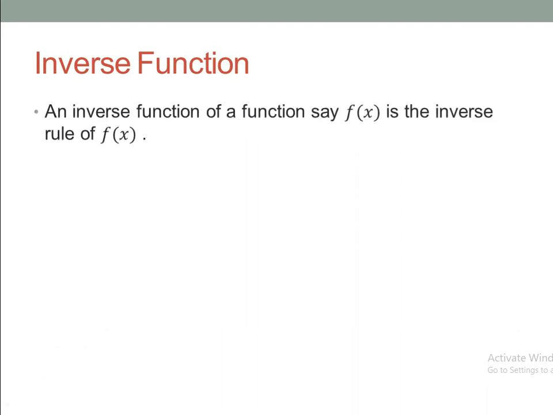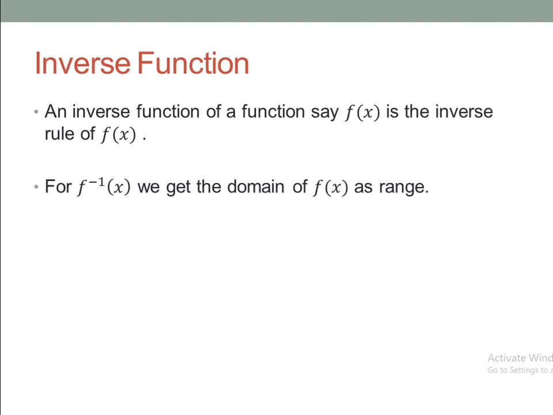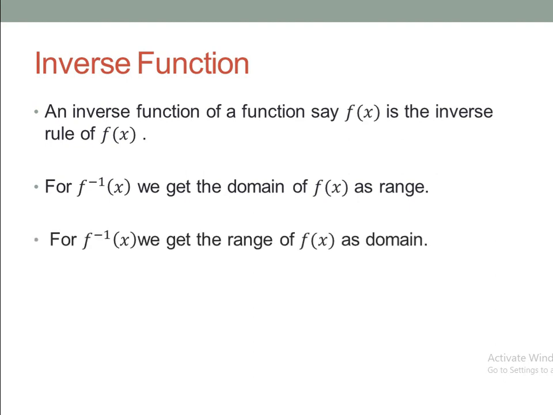Remember that for the inverse function of a function, say f of x, we get the domain of f of x as the range of f inverse of x, and we get the range of f of x as the domain of f inverse of x.